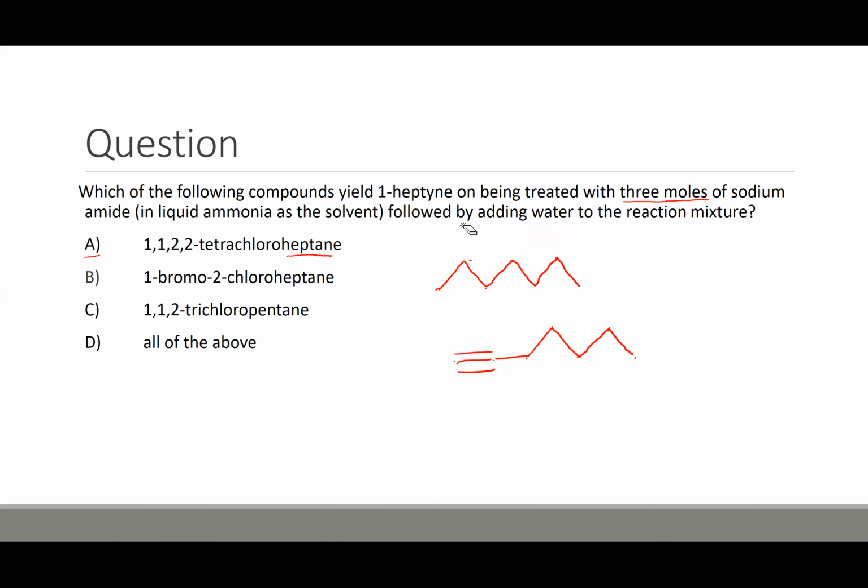Okay. Our next one, B, is a heptane as well, and it has a bromine on position 1 and a chlorine on position 2. This checks the box for it being vicinal, so they are adjacent to each other, but they are 2 different halides.